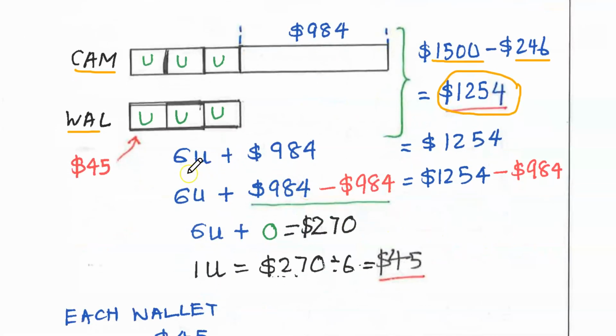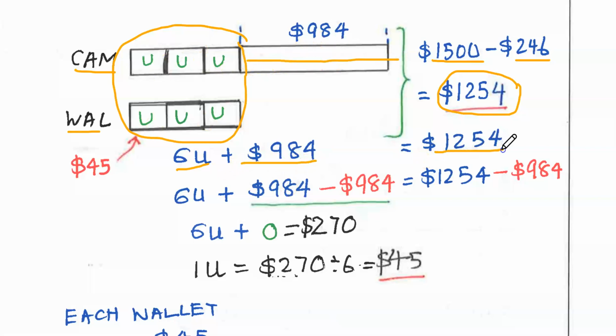When you generate the equation, watch out, 6U represents this 6 over here. You add 984, this block here, plus 984 must be the cost of the 2 items, which is 1 camera and 3 wallets. So all you have to do now is we do the zero stuff. If I take $984 away from the left hand side, I should take $984 away from the right hand side.